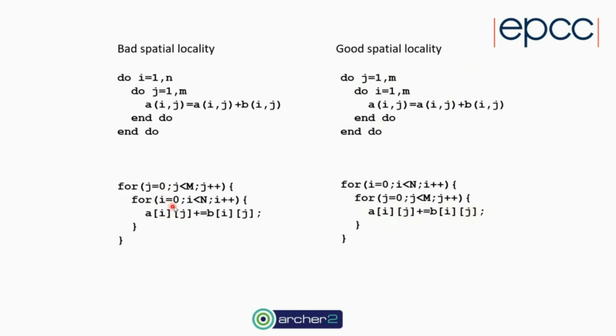Now, if we iterate through the I loop as the innermost loop, we load up the first element of A and the first element of B, and then the next time round this loop, we jump m elements to the next thing of the first dimension of A. As long as m and n are bigger than a cache line, say 16 elements, we're loading up a brand new cache line every time.